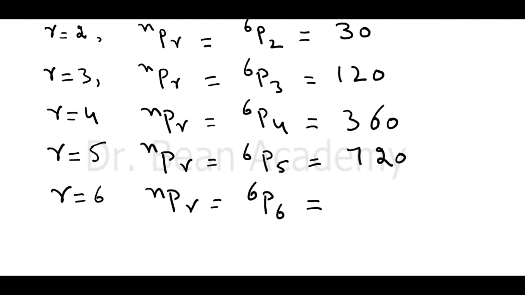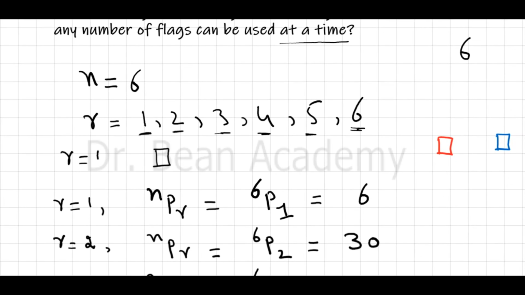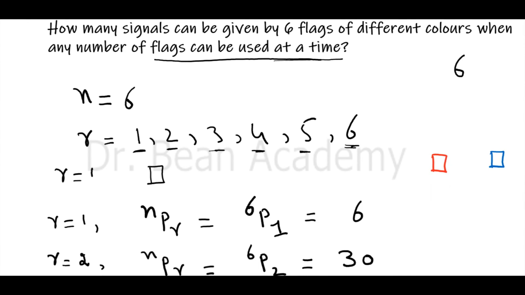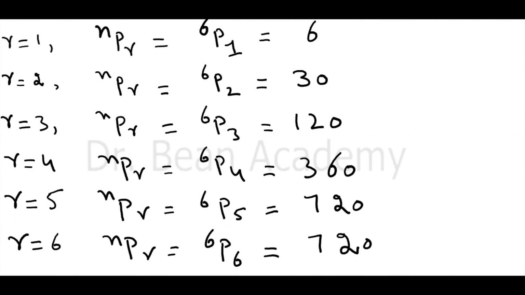So 6P6 is once again 720. Okay, so how many signals can I give when I use any number of flags at a time? Let's see, that will be the sum of all of these permutations.